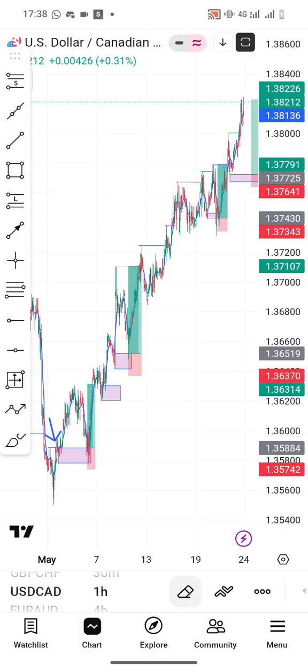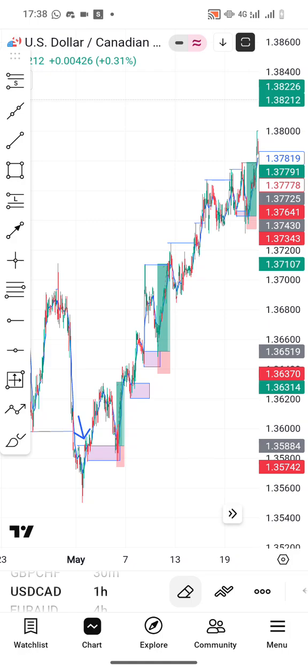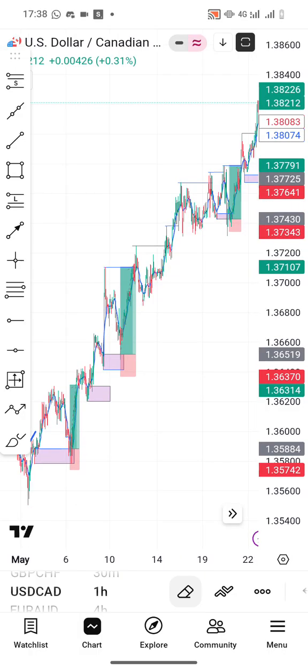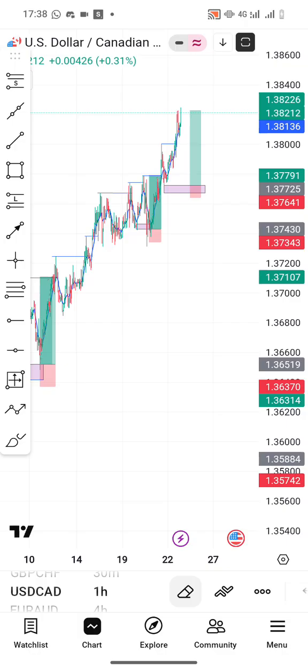In its most basic form, an uptrend line is nothing more than a trend line that starts from the bottom to the top, and a downtrend line starts from the top to the bottom.